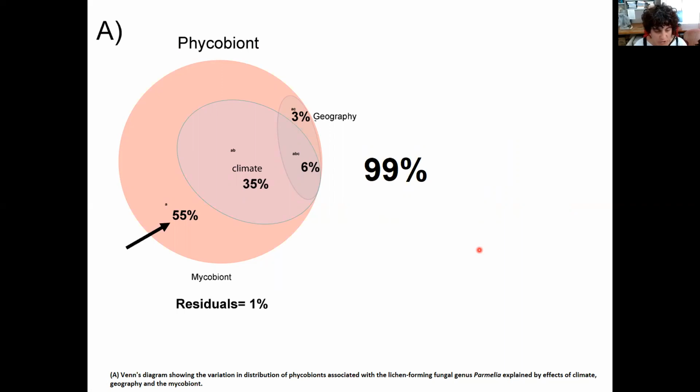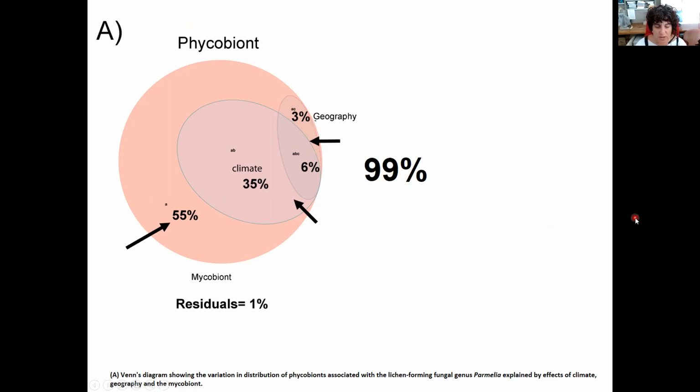The largest proportion of the variation was explained by the mycobiont, with 55% of independent effect. The climatic conditions explain 42% of the variability, but explain nothing independently. And the variables associated with geography explain 9% of the variability shared with other variables.